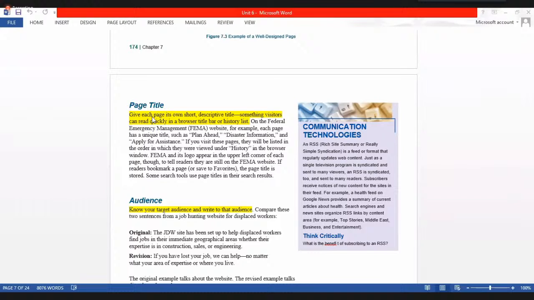So if you are writing text for the web, then you have to give each page a short title, and that must be a descriptive title, so the readers can easily see. Okay. So every page should have a short, descriptive page title.